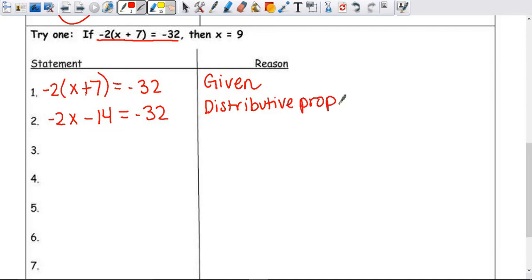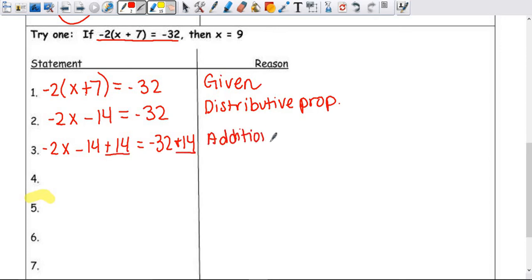So the algebra has not changed, we just have to give a reason for what we're doing. All right, now the next step in solving this 2-step equation, I would add 14. That's a -14 plus 14 equals -32 plus 14. Because what we do to one side, we do to the other, and we have the addition property.